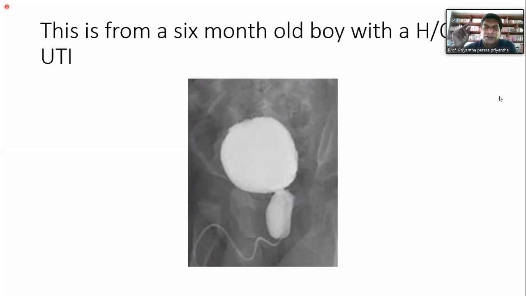Any other condition? The most significant condition? VU reflux, right? When reflux is there, urine goes back into the ureters, and once the bladder relaxes, it comes back to the bladder, so the bladder will be filled with some urine. So what is the significance of having a post-micturatory volume?